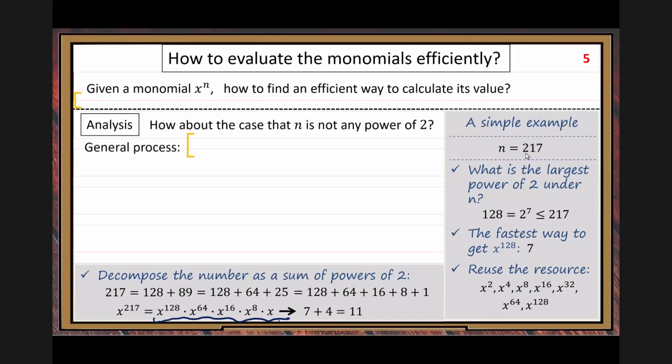General process. Now, after we studied this special example, we feel we are ready to go to the general n number. First step: find the largest k such that 2 to the k is less than or equal to n.